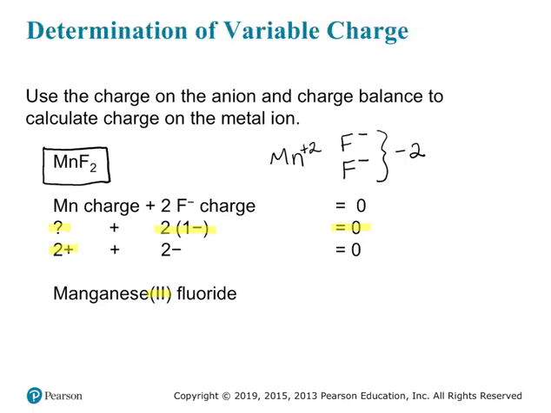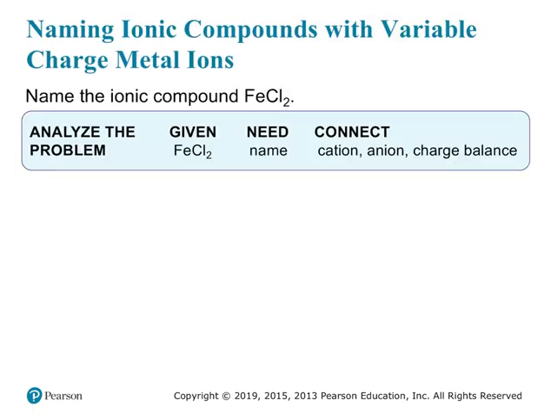Okay, so let's do a practice problem. We're going to name the ionic compound FeCl2. If you want to try this on your own first, feel free, and when you unpause the video, we'll go over it together. Okay, so we have iron, and we don't know what its charge is, because iron could have multiple different charges, depending on what it's bonded to.